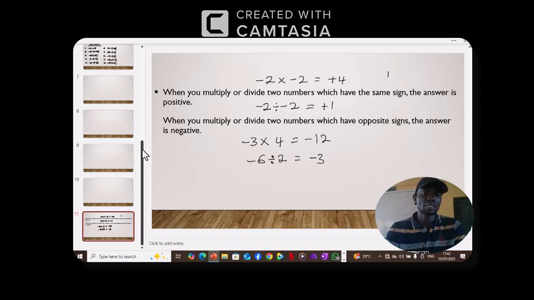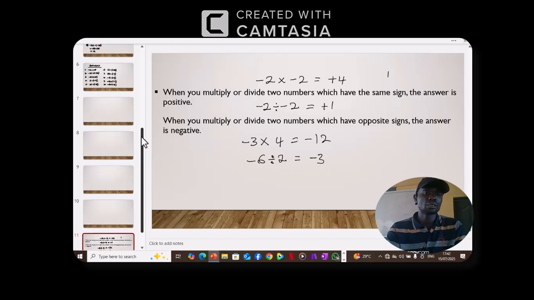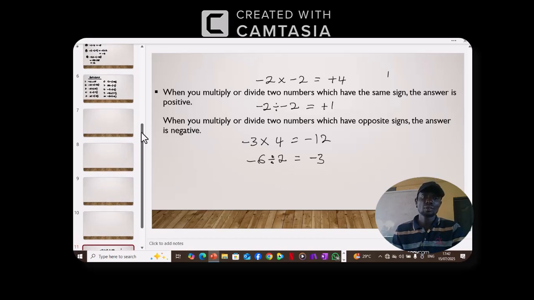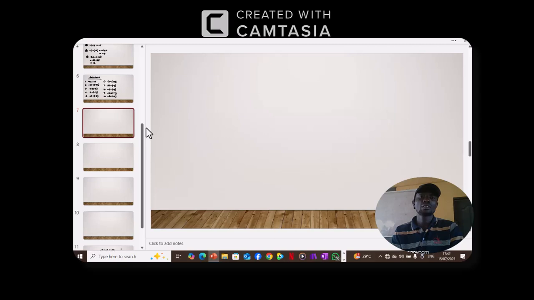Okay. Now, let's look at an example. Example 1: 24 divided by minus 6.